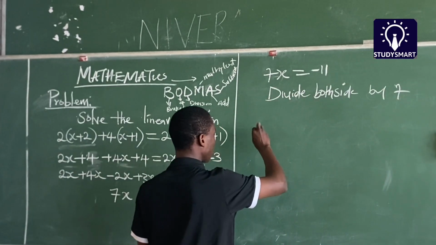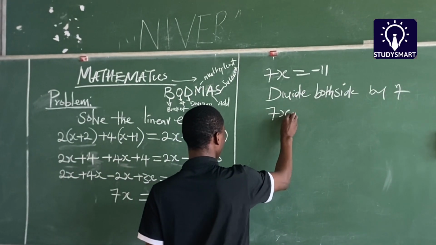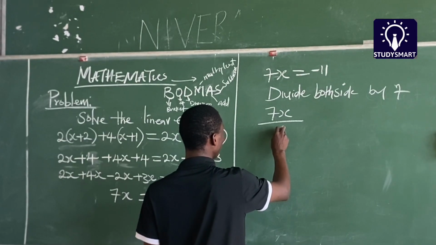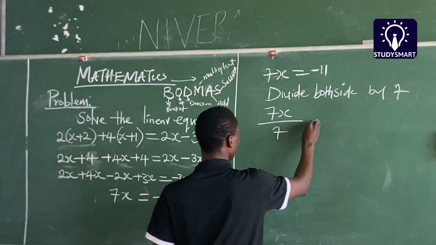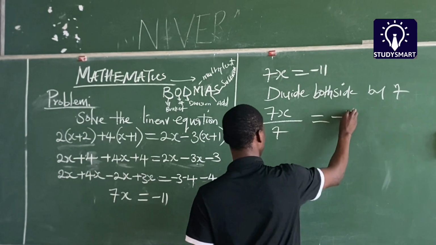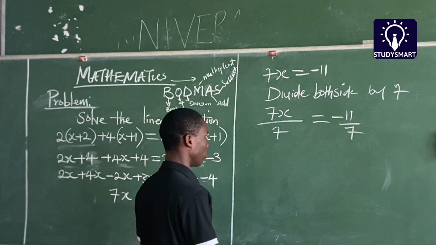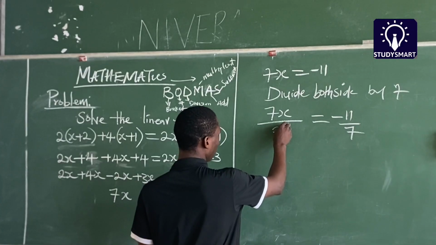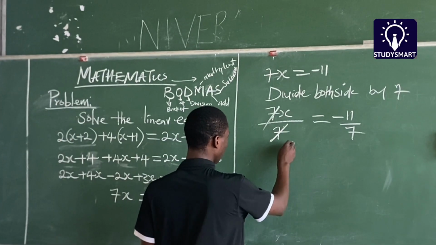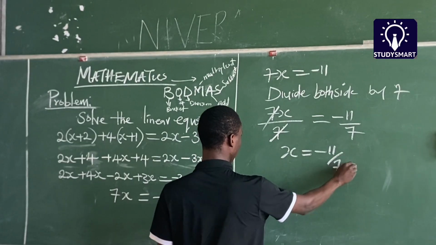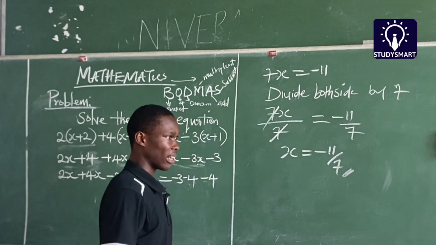If you divide both sides by 7, we are going to be having 7x over 7 equal to minus 11 over 7. This will cancel out this, and x will be equal to minus 11 over 7. All right, so this becomes our answer.